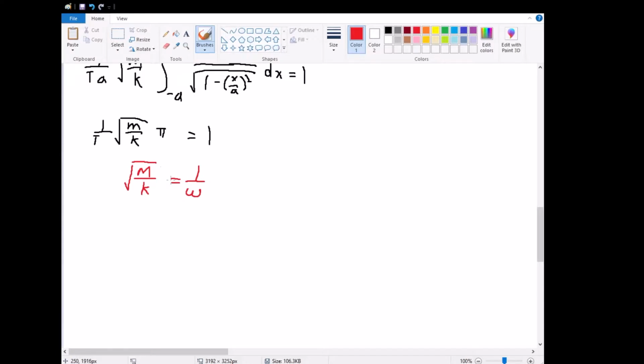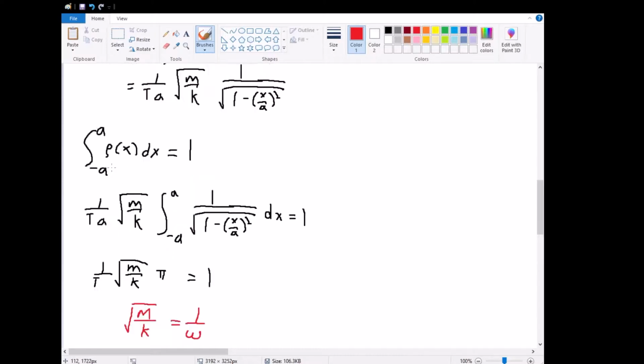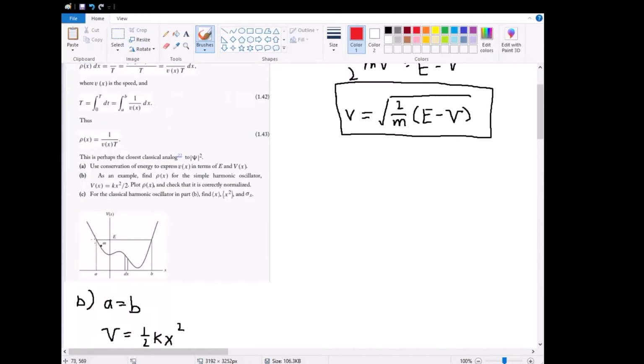Second, another thing we know is that we can link our angular frequency to the period of a simple harmonic oscillator. So we can say that omega is in fact equal to 2 pi divided by the period, which we will denote as tau. And additionally, big T is the time it takes for our particle to go from one turning point to the other.